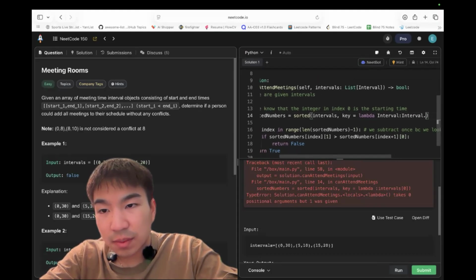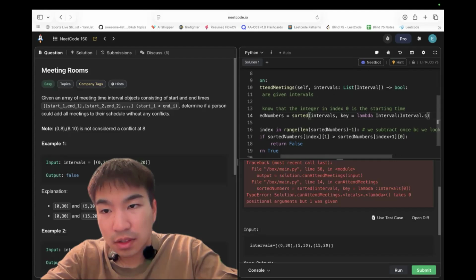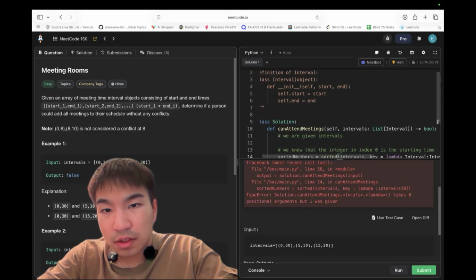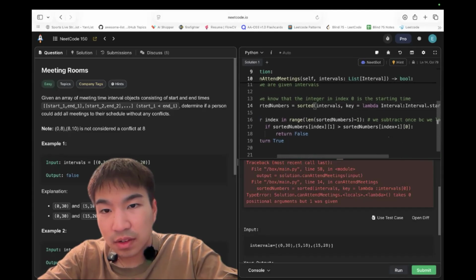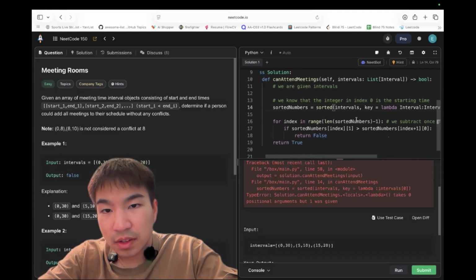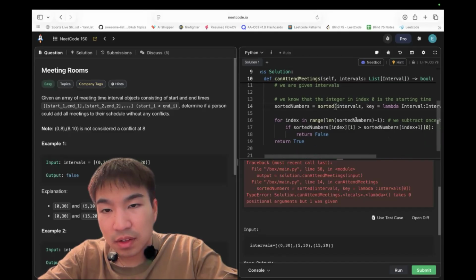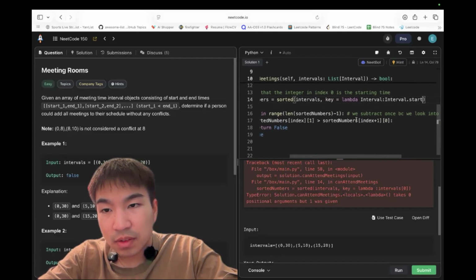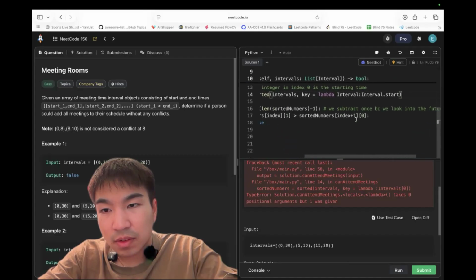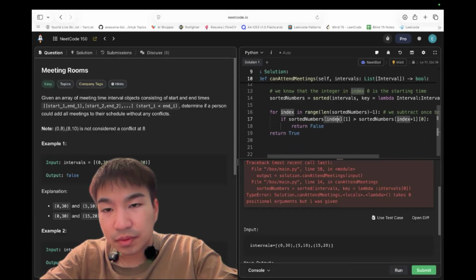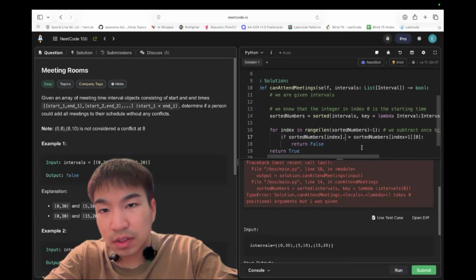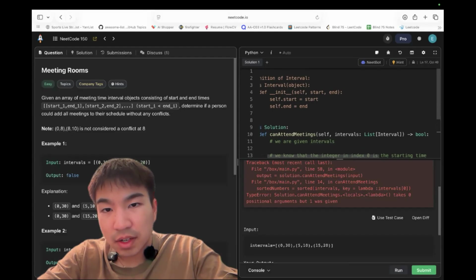We're sorting by its first position, so it's called start. Index one would be end, right?